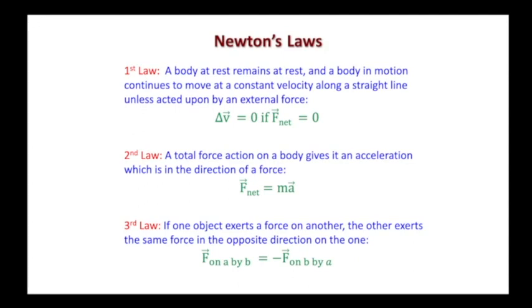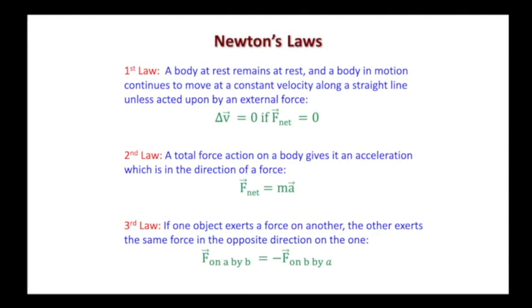It's expressly saying that our change in velocity over change in time is equal to acceleration, and that's just the definition of acceleration, the rate of change of velocity. So the second law is really just expressing that a force causes a change in an object's motion.